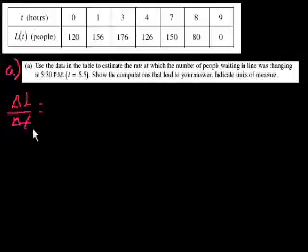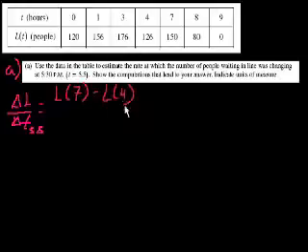We could say approximately equals. But it's just going to be the slope between these two points. So it's L of 7 minus L of 4, all of that over 7 minus 4. Rise over run, or change in the value of the function divided by change in the independent variable.